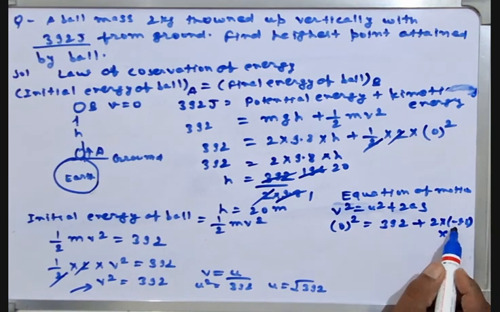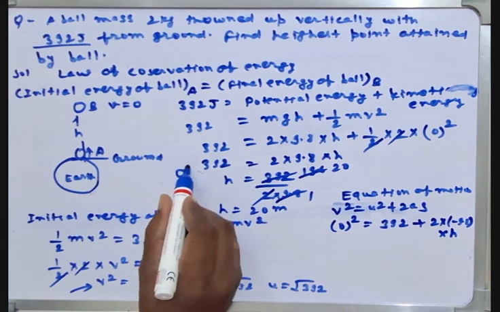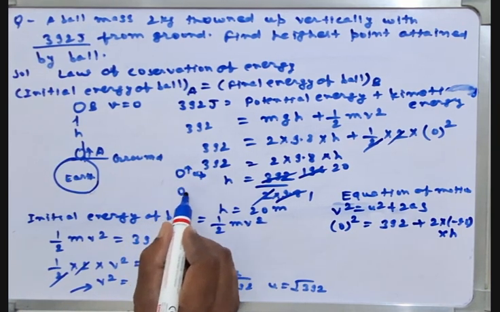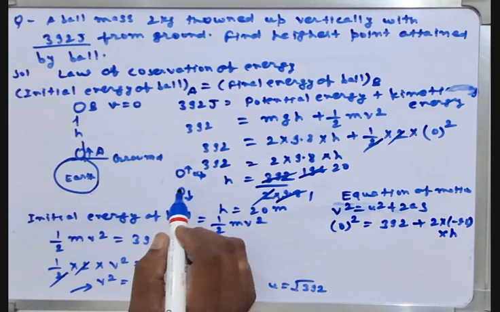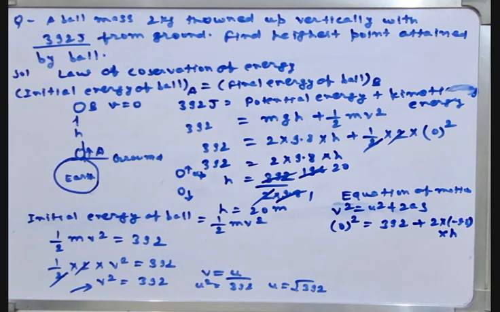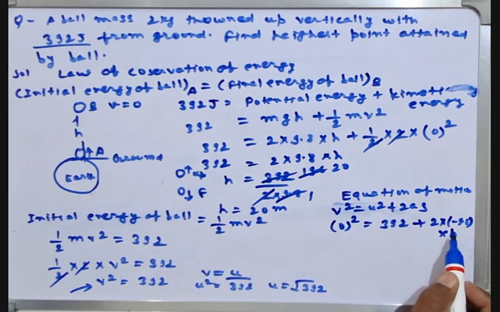Why is g negative here? Because the ball is going in the up direction and the force due to gravity acts in the down direction. So as time passes, the speed of the ball decreases, or is retarded, until its value becomes 0. The force acts downward, so the acceleration due to gravity is minus 9.8.